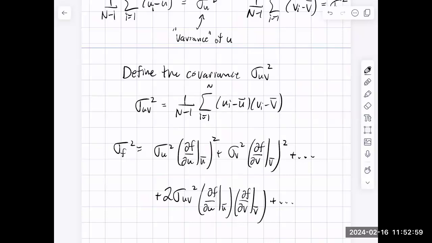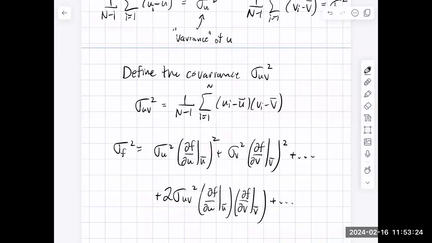So I want to think about that a little bit. If these variables u and v follow a normal or a Gaussian distribution, what would happen if I took the sum of all the individual measurements subtracted from the mean and I added them all up? What would I get? 0, right?